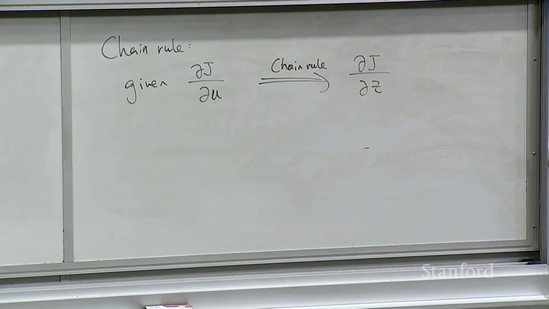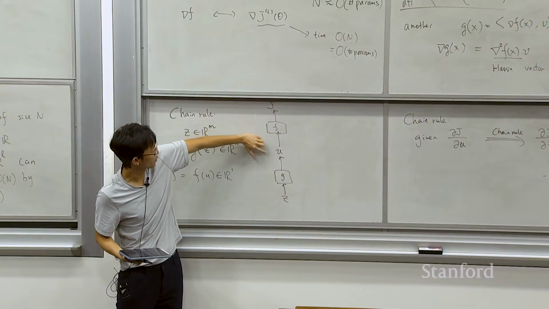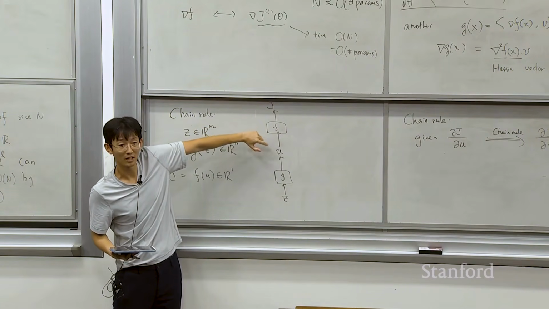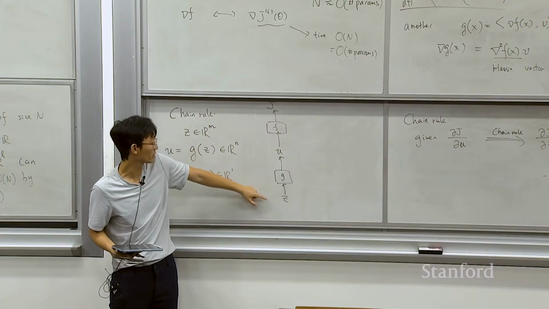So basically, if you know the gradient with respect to the intermediate variable, you somehow know the gradient with respect to z.